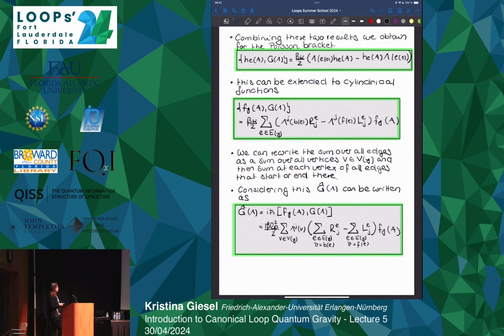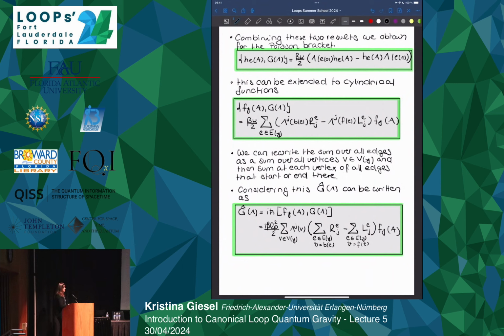We had this already yesterday when discussing the action of the flux on cylindrical functions. So now we have the generic expression at the classical level, and we can just promote this to an operator by replacing the Poisson bracket by the corresponding commutator and including the i h bar factors. I think it should be 1 over i h bar, yeah.